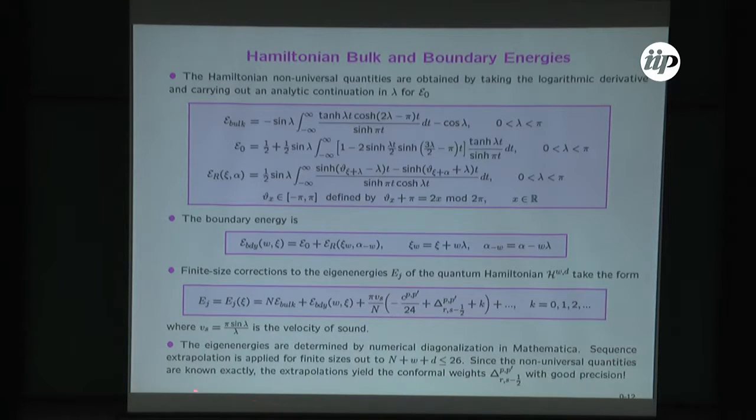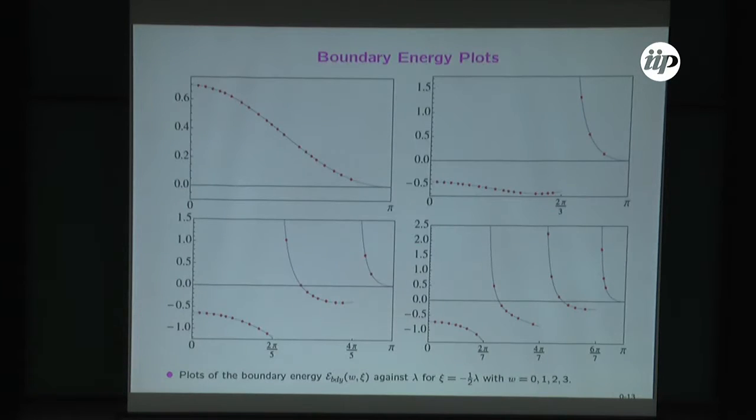Since the non-universal quantities are known exactly, this means that we can get very good numerical predictions for the values of the conformal properties. So here are some typical plots of boundary-free energies. And these are for widths w equals 0, 1, 2, and 3. So for widths w equal to 0, that's the Raban vacuum case. You can see everything is nice and smooth.